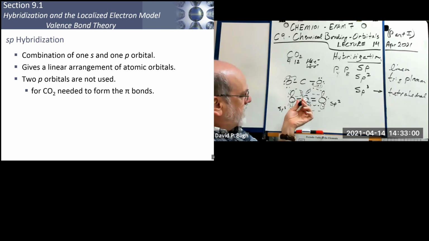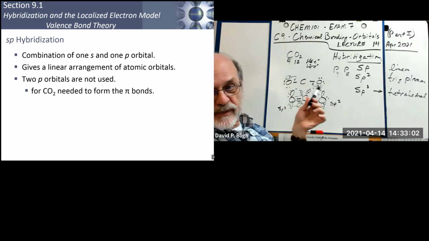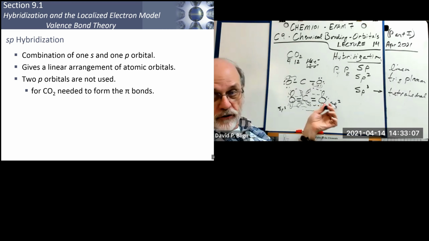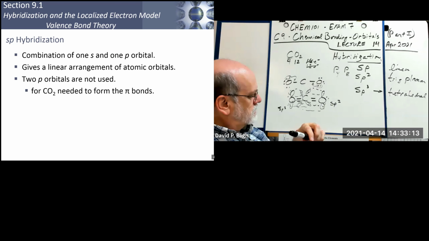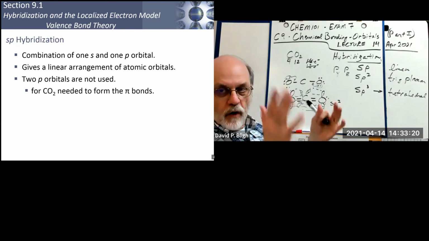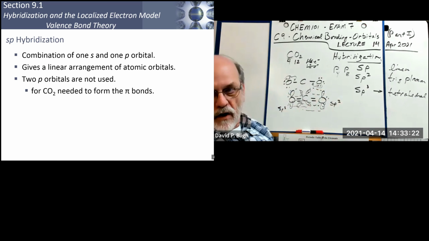So this one's sp hybridized, oxygen is sp2 hybridized. And that gives you 3 equivalent orbitals, but 2 of them are filled with lone pairs. And then you have the unused p's to overlap with the carbon p orbitals.